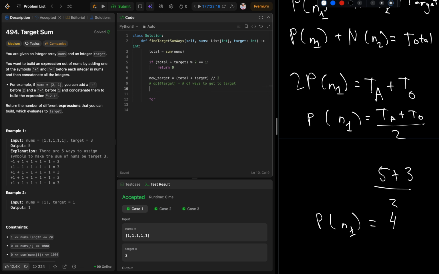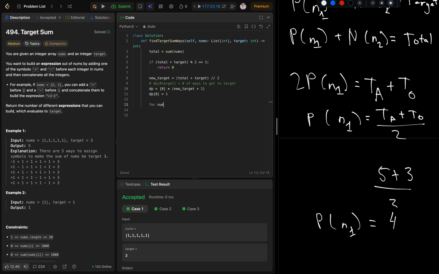So dp is 0 times new target plus 1. And dp of 0, if our target's 0, there's only one way to get there, which is to do nothing.